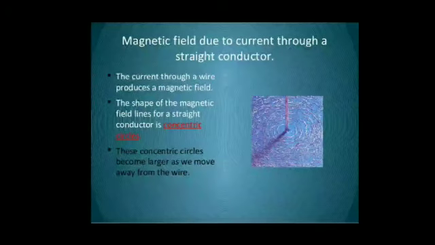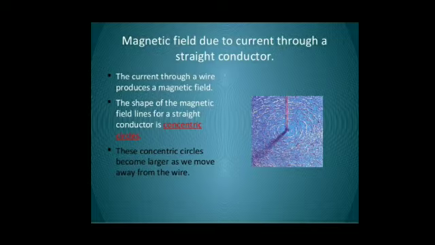So first is magnetic field due to current through a straight conductor. Suppose you have taken a copper wire, then it is a straight conductor. You all know that when we pass current through a conductor, it produces a magnetic effect, and this is known as electromagnetism, that electricity produces a magnetic effect.